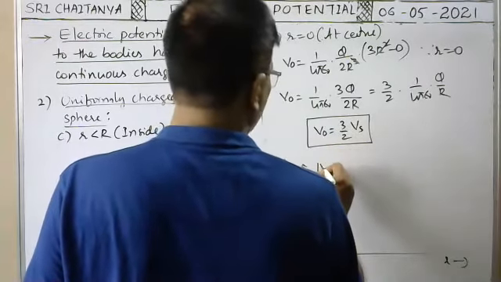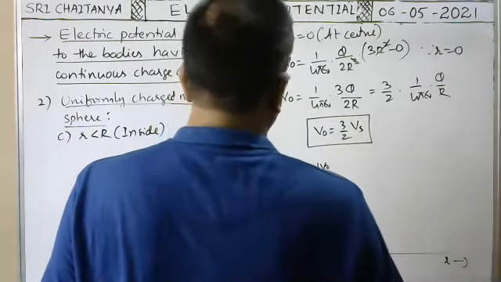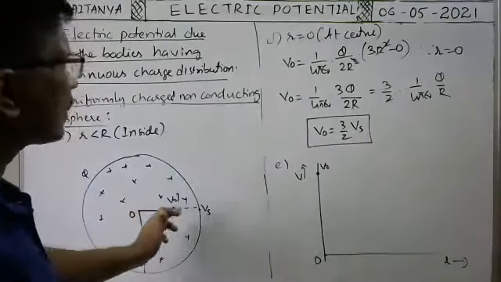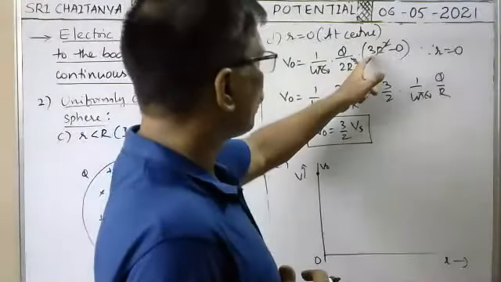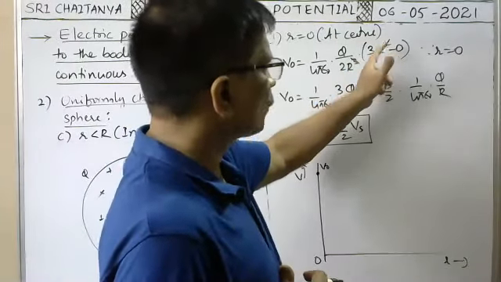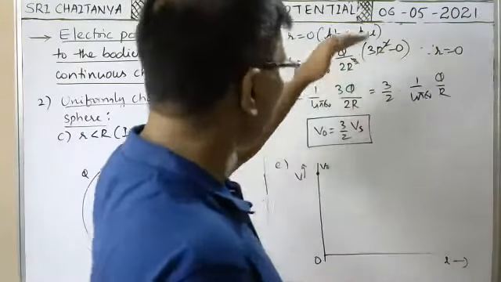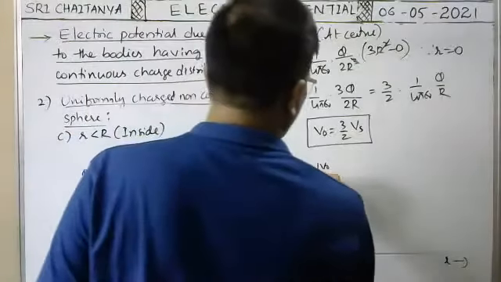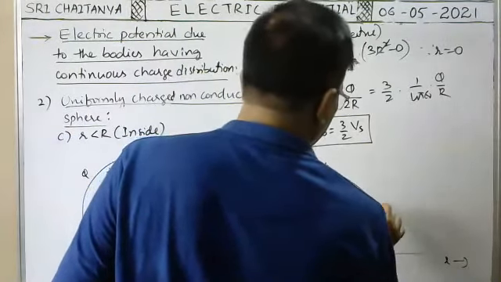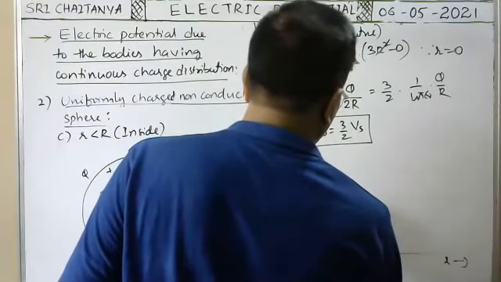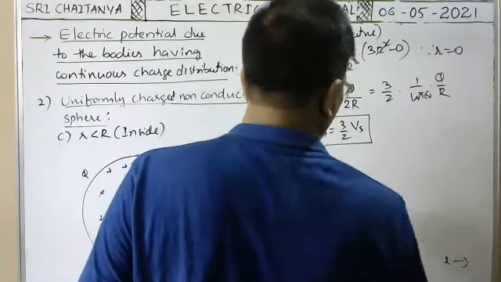At center, potential is V naught. When you move away from the center, in this form of 3R square minus small r square, small r gradually increases, which means V value gradually decreases. Here exactly it is the surface. At the surface, potential is Vs.